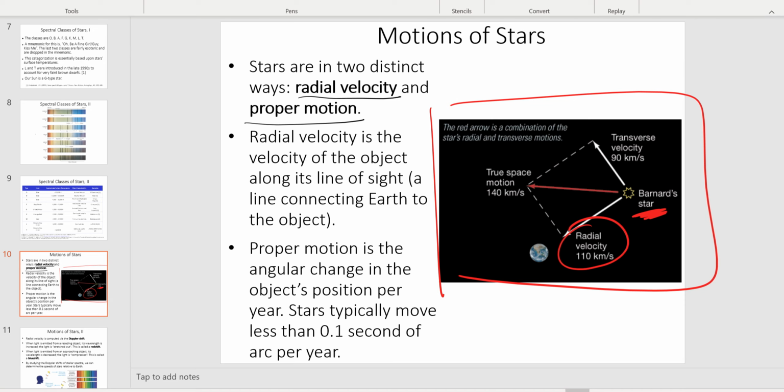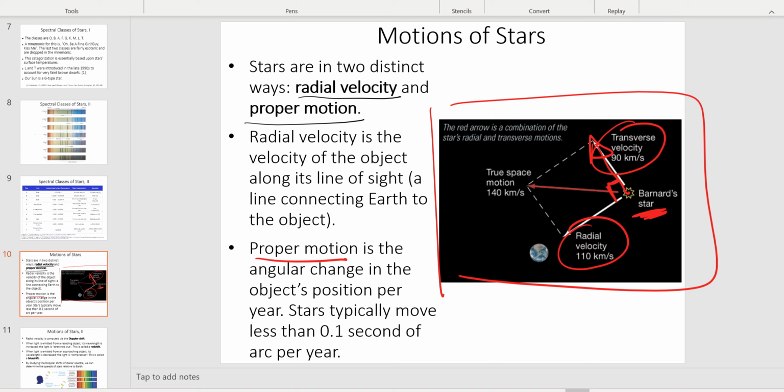And then stars can have a transverse velocity, which is the velocity of the star in the perpendicular direction. So not away from us or toward us, but in the sort of opposite direction, if you like. So left-right, you can think of it like that. I should say that proper motion in principle affects the position of the star on the celestial sphere.